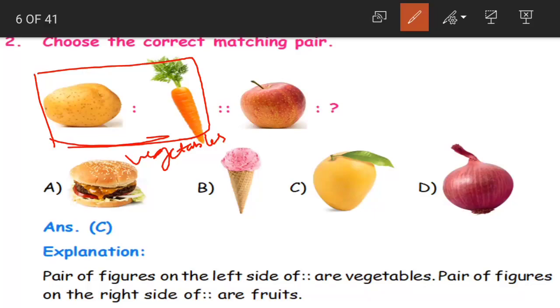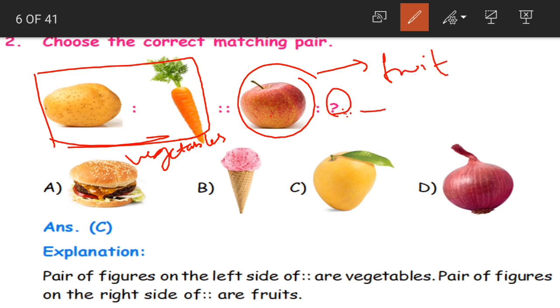Now in the same way, apple and dash. What is apple? Apple is a fruit. So the second image here should also be a fruit. Yes, children, apple is a fruit. So even the second image here should be a fruit. If you look at the options given here, we have burger, ice cream, mango and onion. Now from these, which is a fruit?